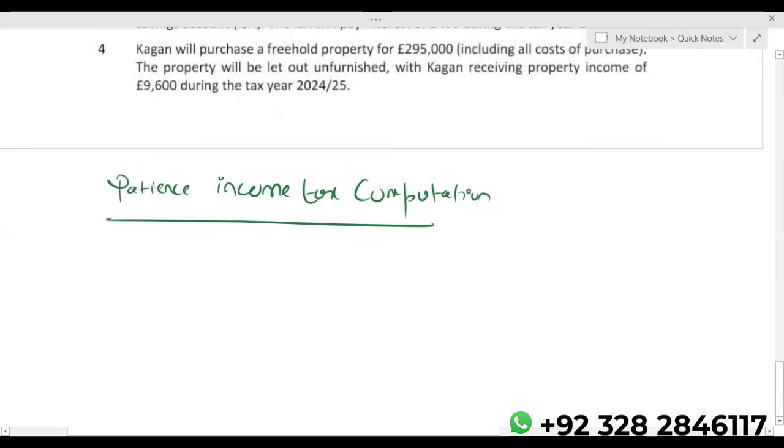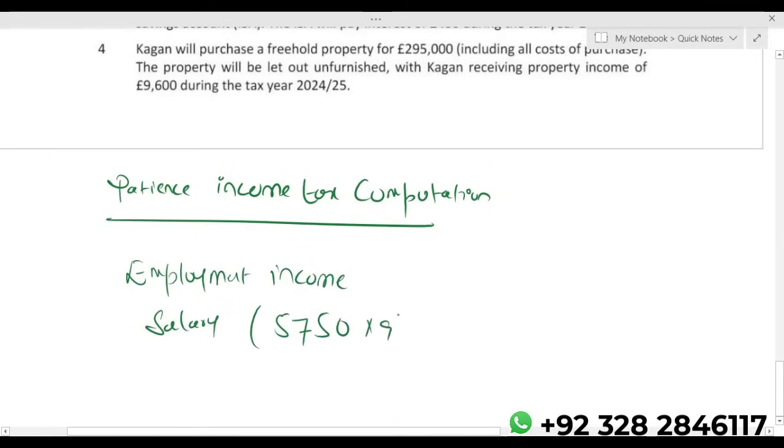We're getting a salary of only 9 months because on December 24, Patience retired. Employment income: salary for 9 months, 5,750 into 9 gives us 51,750.